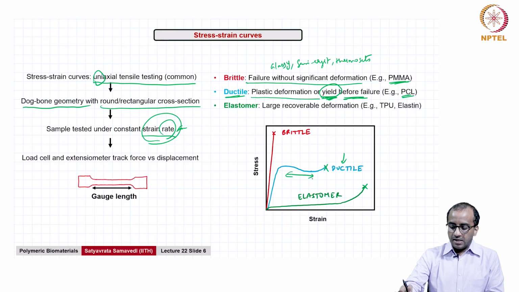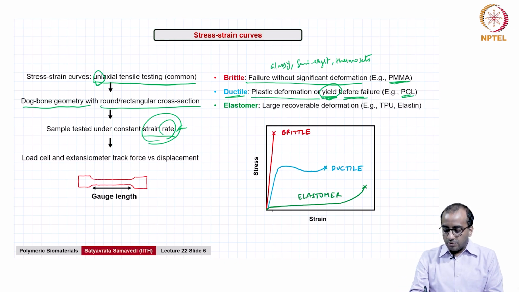A third variety that we are showing here is that of an elastomer, where you can get very large recoverable strains. So this is typically what you would find with rubber bands, for example, very large recoverable deformations, and you have to pull them to extremely large deformations, sometimes up to 800,000%, before they can fail. Examples of that include thermoplastic polyurethane, which we have seen earlier.